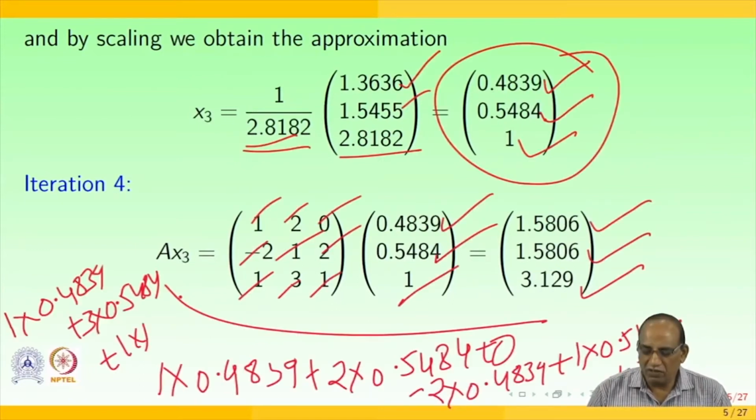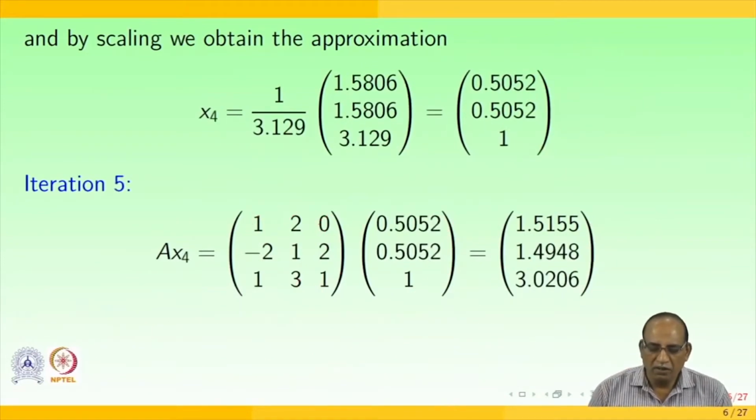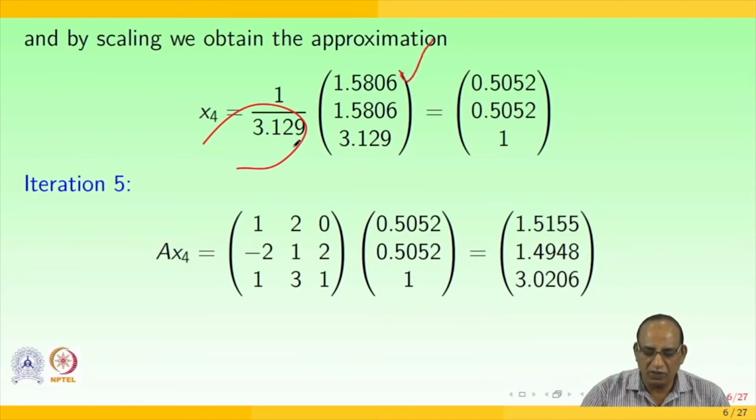So what is the bigger value here? The bigger value here is 3.129, so we divide with 3.129. 1.5806 divided by 3.129 turns out to be 0.5052. The second one is also 1.5806 divided by 3.129, which is 0.5052.